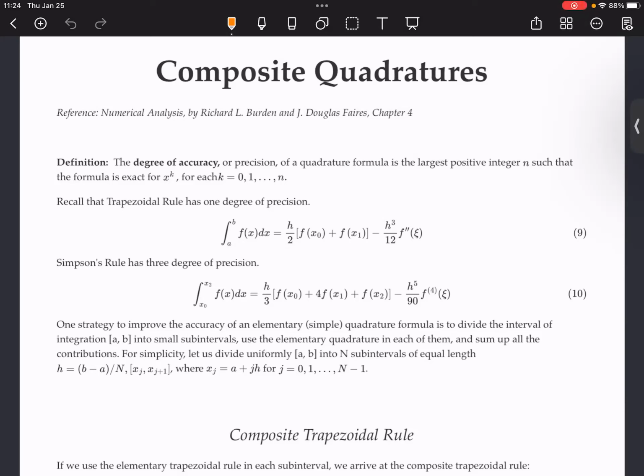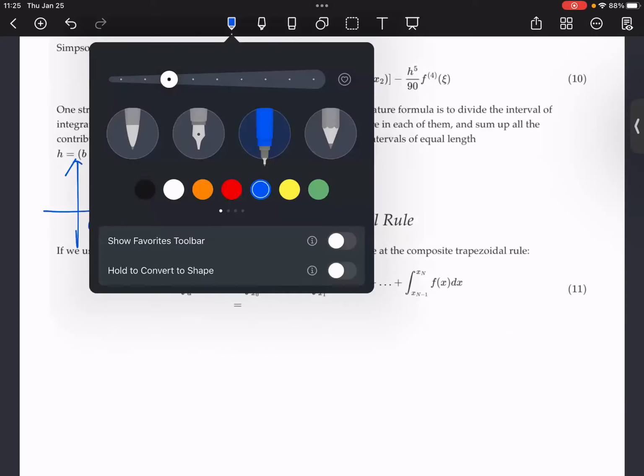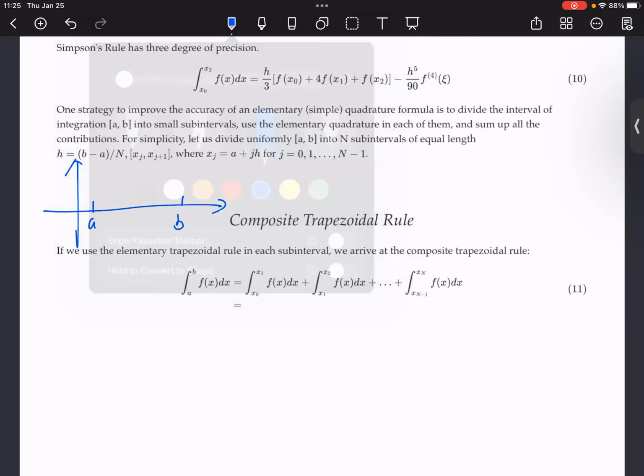So let's say the first one, the most basic one, is the composite trapezoidal rule, which means that we divide the interval. Let me draw it here. Instead of one big interval, here we have A and B, right? These are the endpoints, and I'm going to divide this interval into some small intervals.